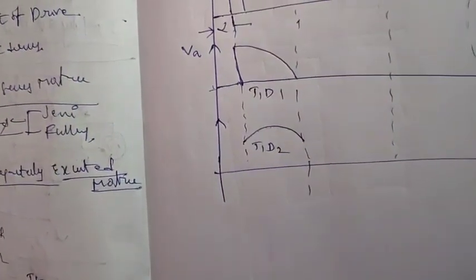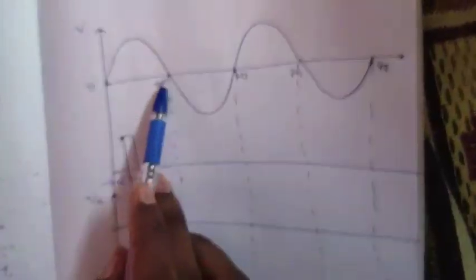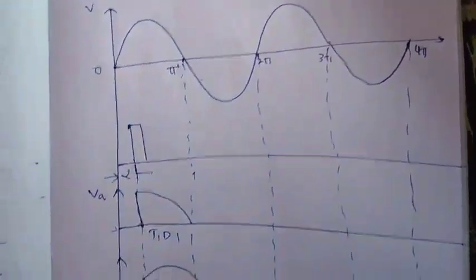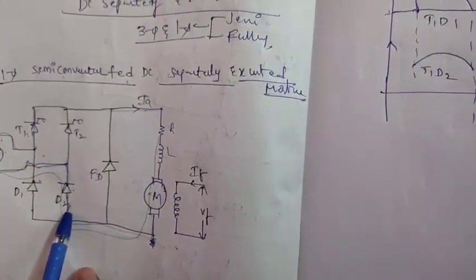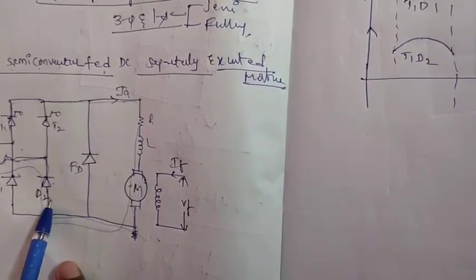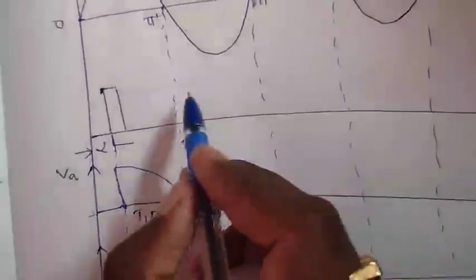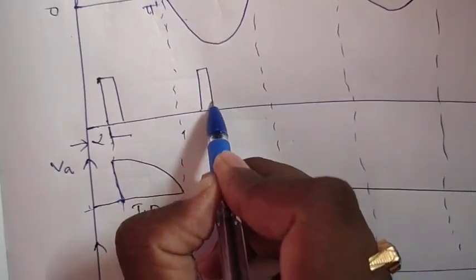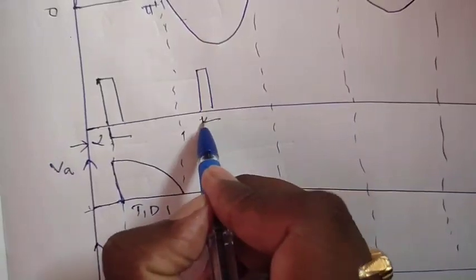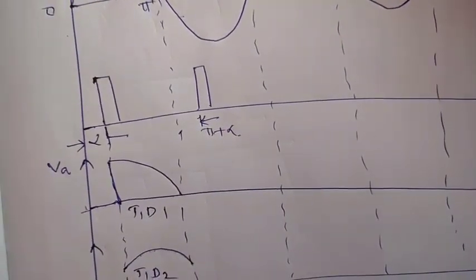At exactly pi, thyristor T1 and D2 are in reverse bias, so they are turned off. Next, the supply is applied at pi plus alpha.